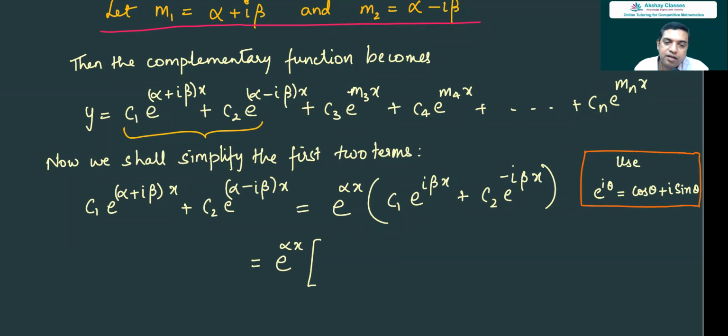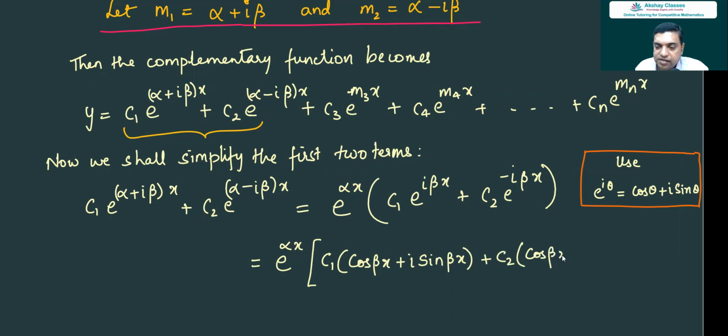So this becomes C1 times (cos beta x plus i sin beta x) plus C2 times (cos beta x minus i sin beta x).